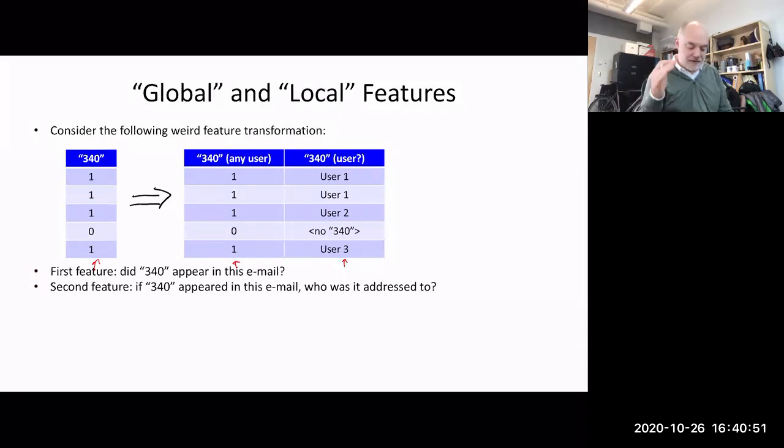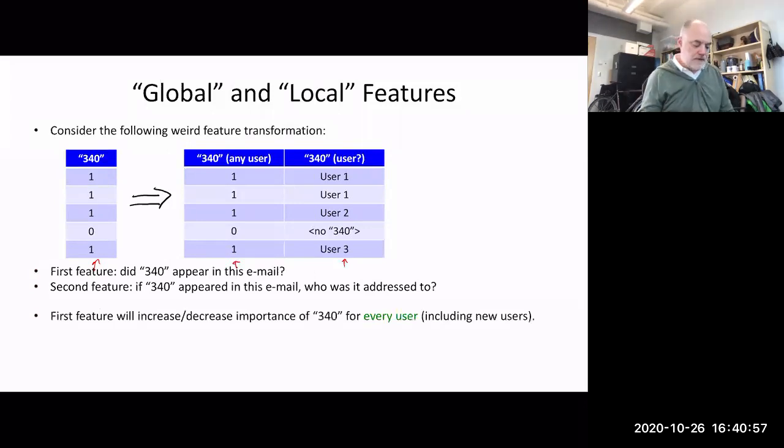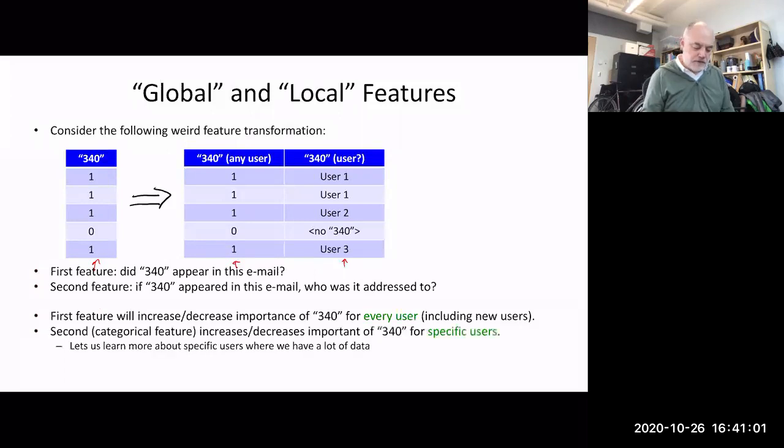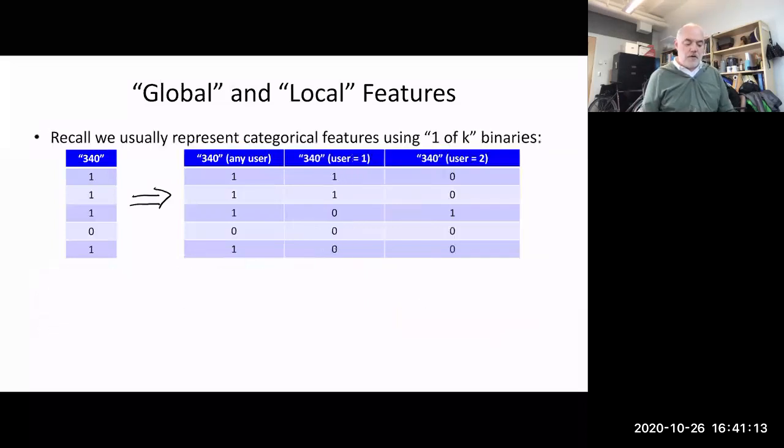Right, specifically like, 340 and user 1, 340 and user 2, and so on. Okay. The first feature will increase or decrease the importance of 340 for every user. And the second categorical feature changes the importance of 340 for specific users, right? And it lets us or Google or whoever learn more about specific users where we have lots of data, okay?